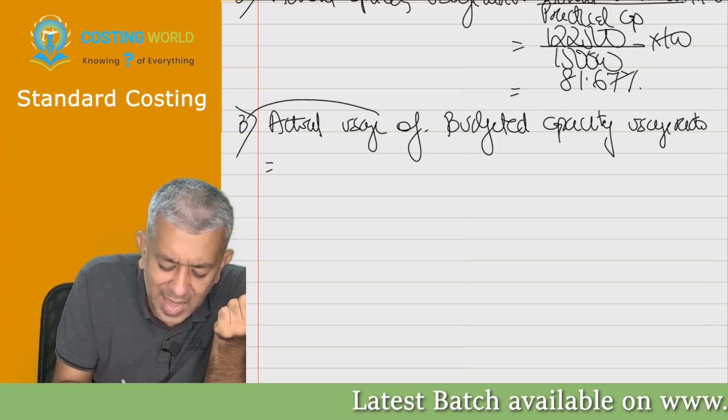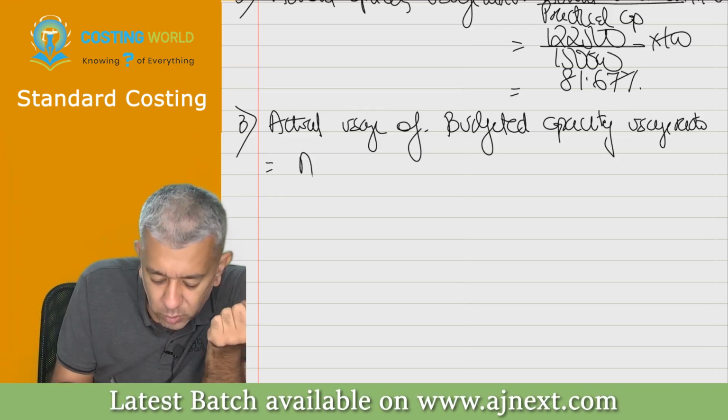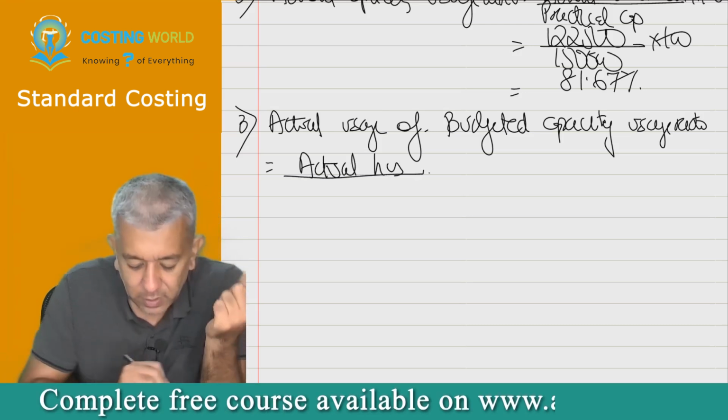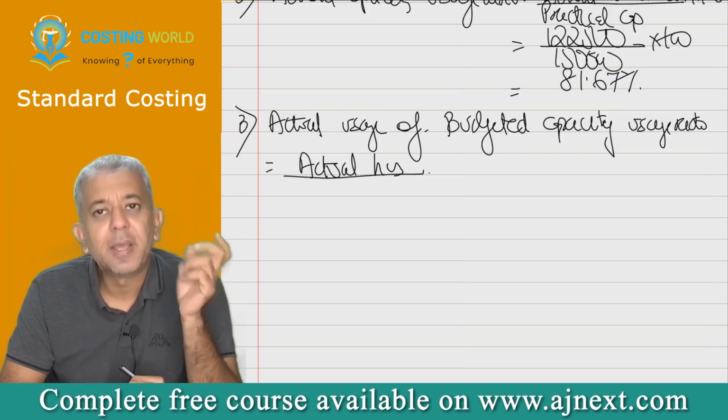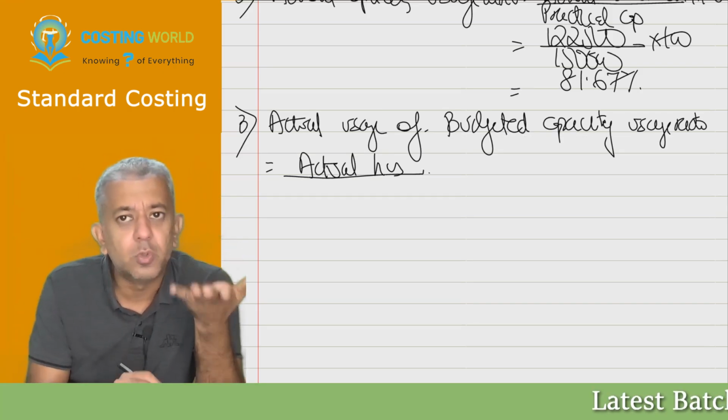Now, obviously, actual usage of budgeted capacity, you all will understand. Actual usage means you should be taking actual hours divided by, you all tell me how many hours. So, budgeted capacity means how many hours you thought you are going to be working.